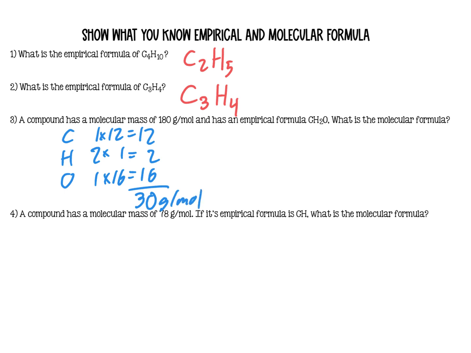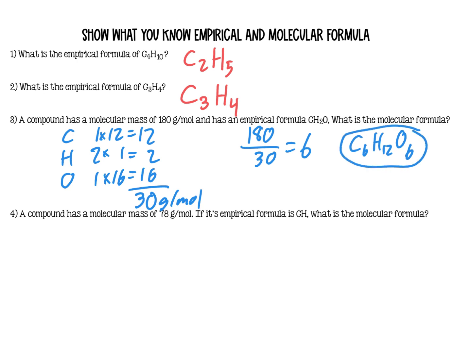So the empirical formula's mass is 30 grams per mole. If we take that 180 divided by 30, we will get 6. That means that every subscript has to be multiplied by 6. So C6H12O6 is the molecular formula.